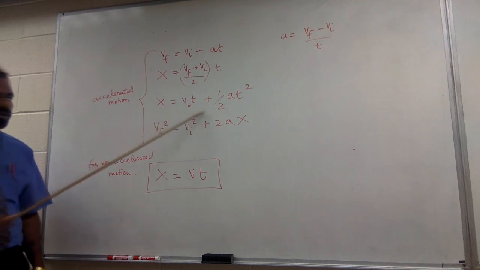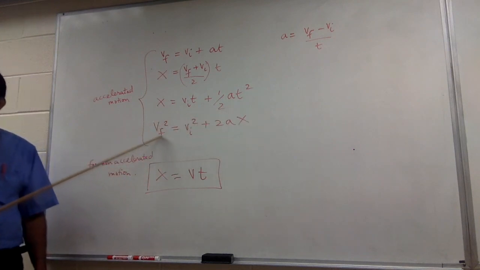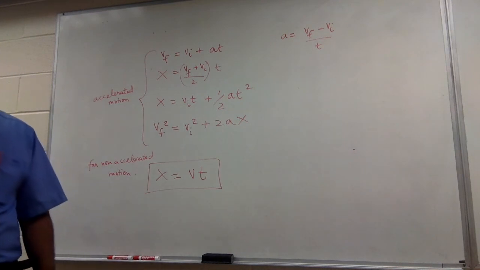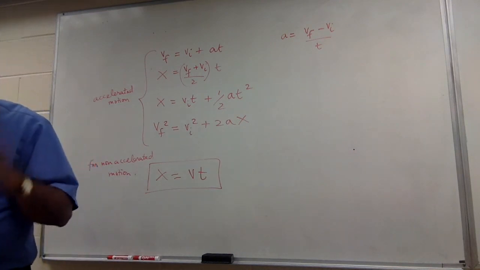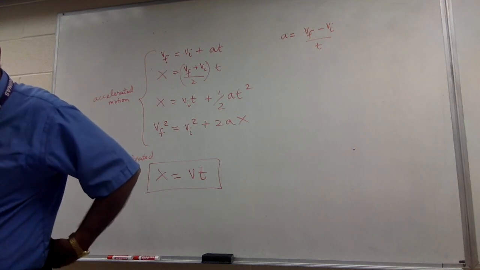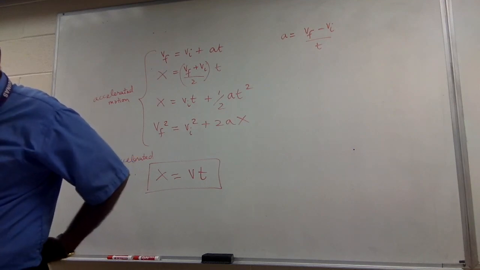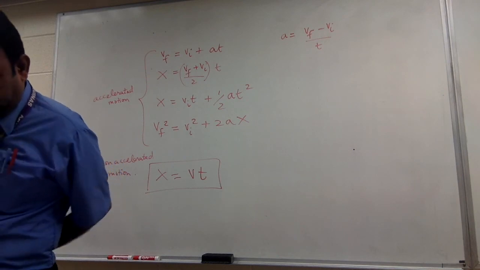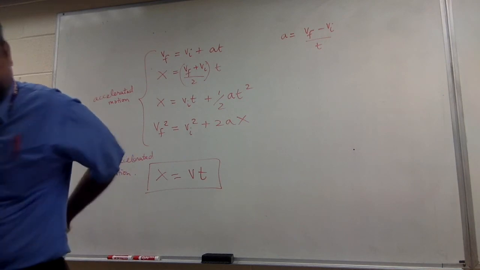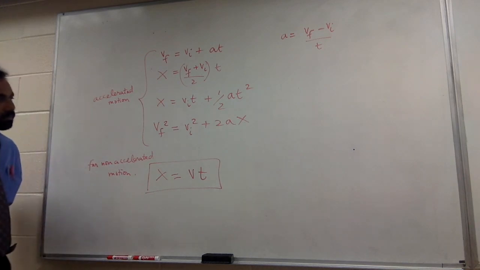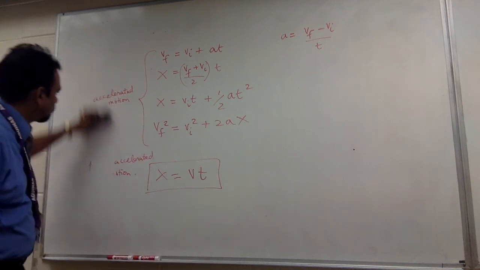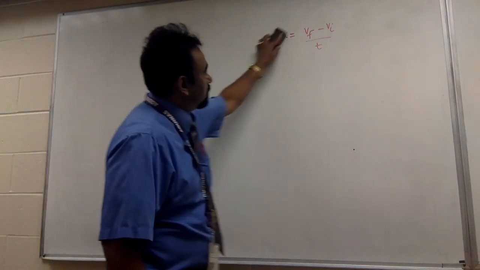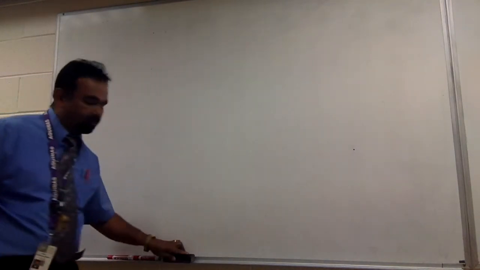If you don't have any idea of time, use the last equation. Okay? Let me know if you have any questions as I'm saying this. Okay. We have those equations.